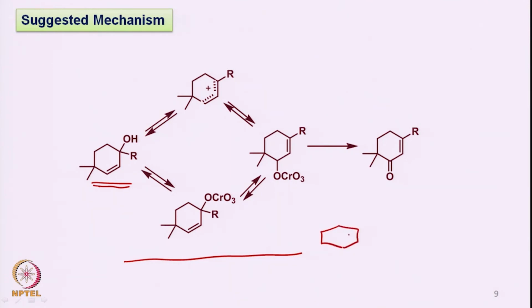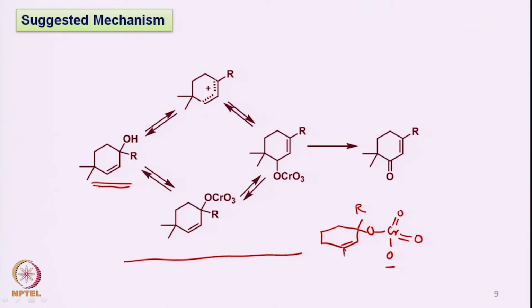So, if you have an R group here and an OH group here, this OH group will react with pyridinium chlorochromate, and this is the intermediate that will form.